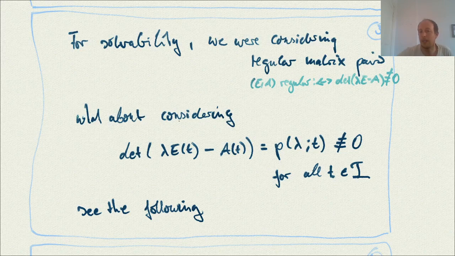It will turn out that this regularity, even if it is uniform with respect to time, does not tell us as much about whether the solution is there and whether it is unique. Okay, see the following examples.